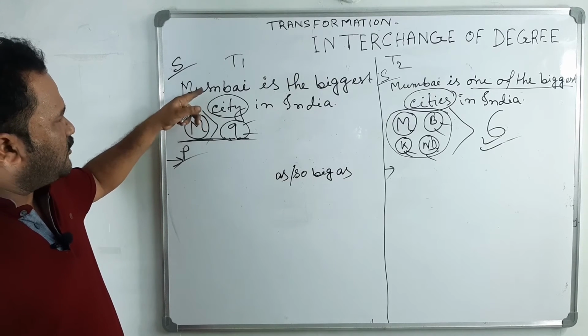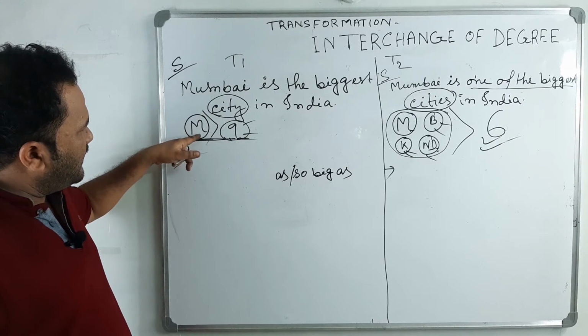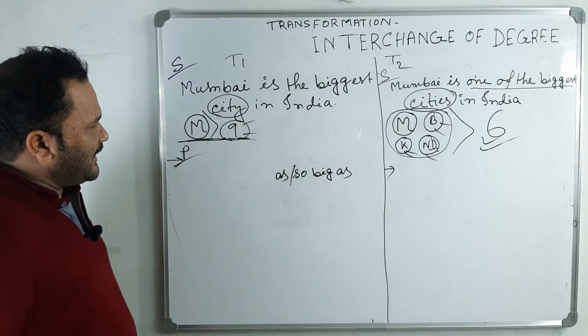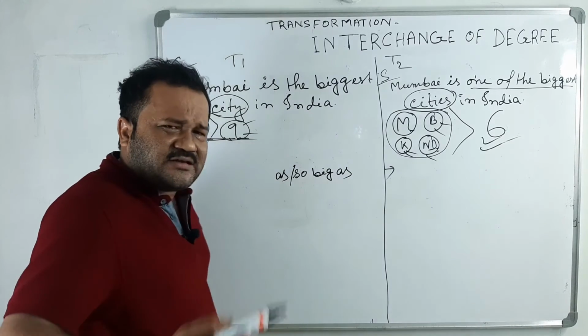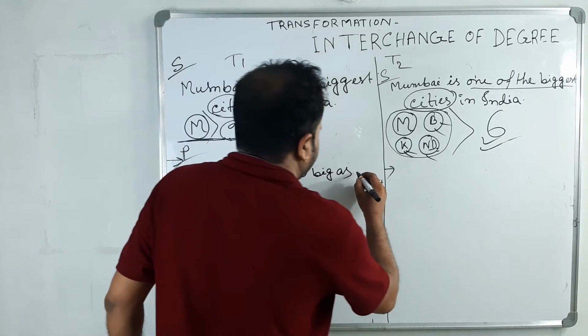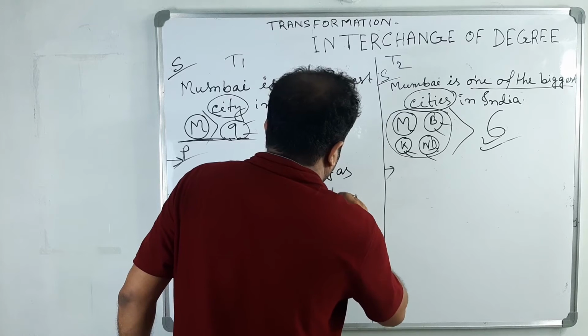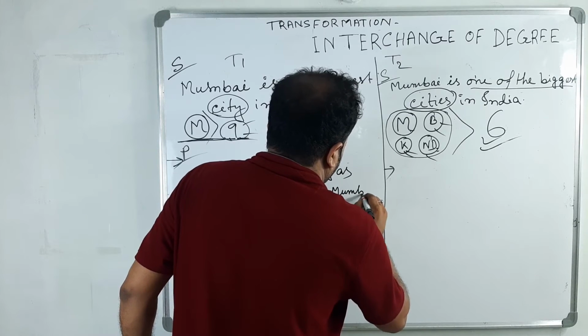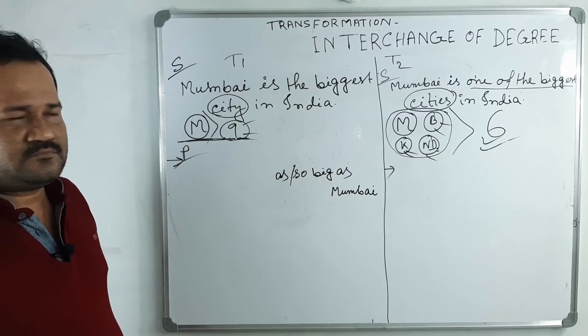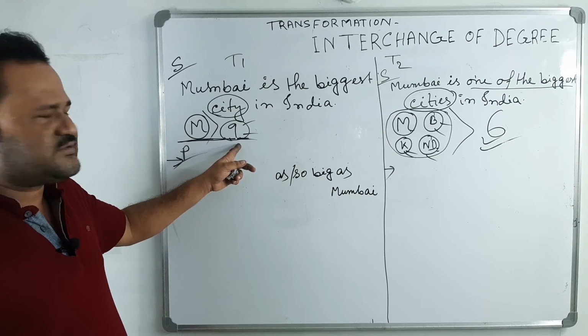Here you have to compare with Mumbai and other cities. Clear? Now what can I say? As big as किसकी तरह बड़ा है? मुंबई की तरह. As big as मुंबई. कौन सा शहर? किसी which city?